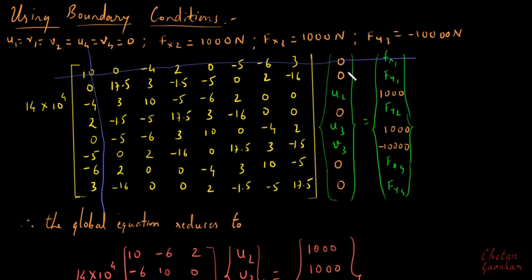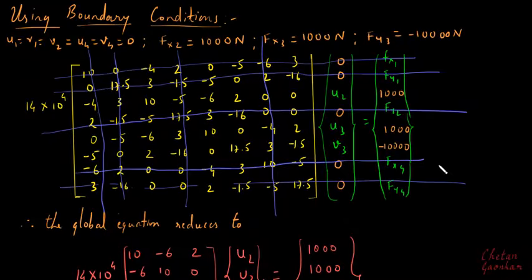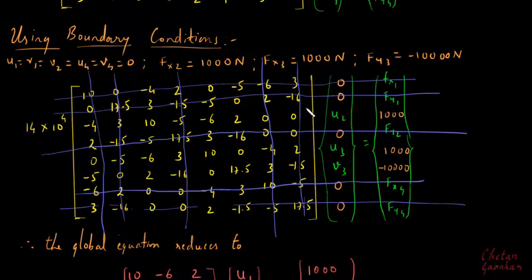Similarly, since v1 is 0, I can just neglect this term and this term. Since this is 0, I can neglect this term and this term. Similarly, since this is 0, I can neglect this term and this term. And similarly, since the last term is 0, I can neglect this term and this term. This is one way of handling the given boundary conditions.